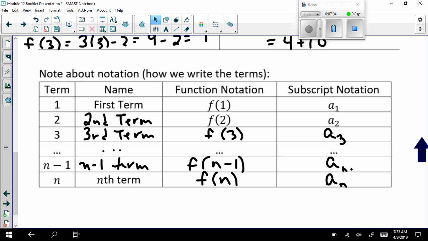Subscript notation, a sub n minus 1. So again, these are subscripts. The 1 is small and down. 2 is small and down. 3 is small and down. The whole n minus 1 is small and down, and the n here is small and down. Subscript. Okay. And we'll talk more about these as we define our arithmetic and geometric sequences.